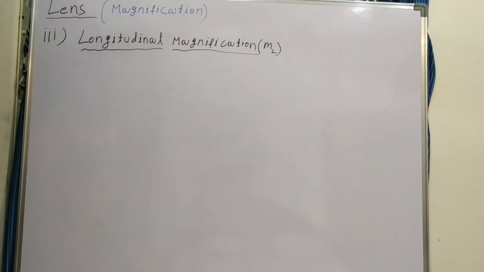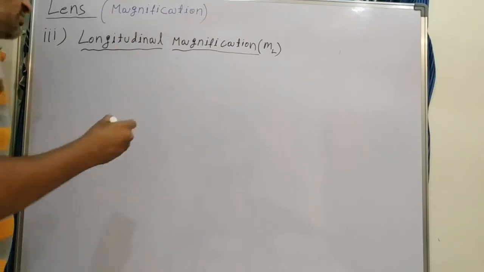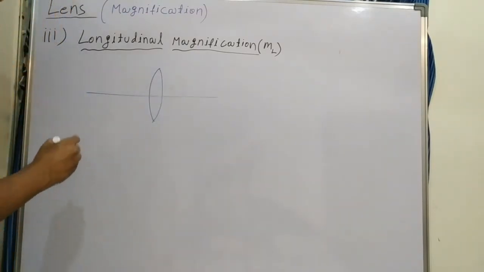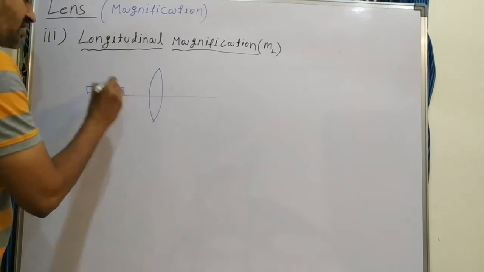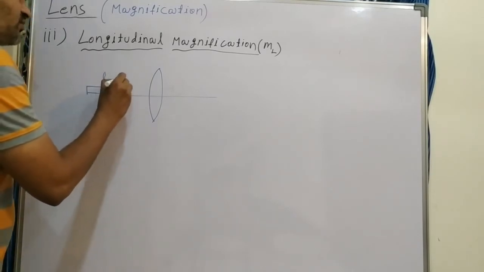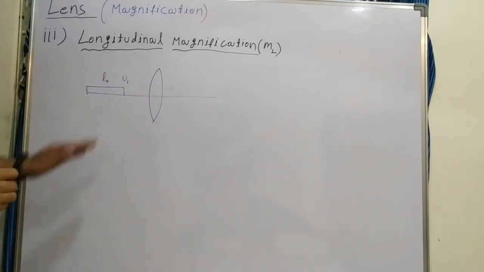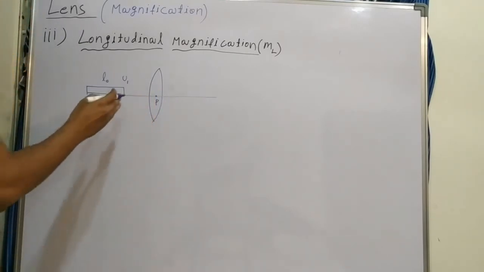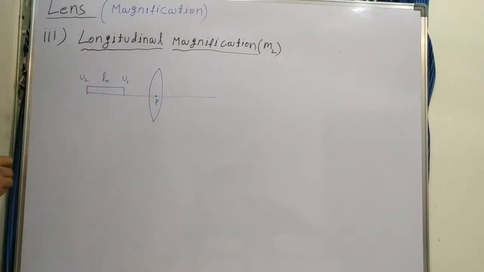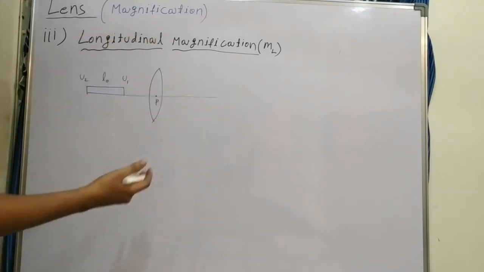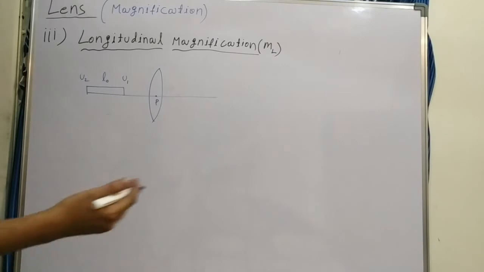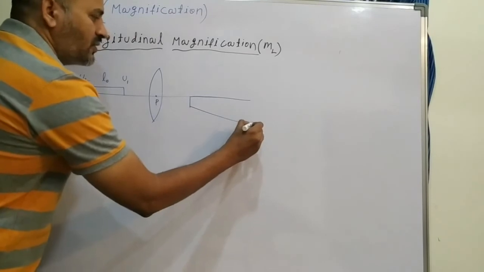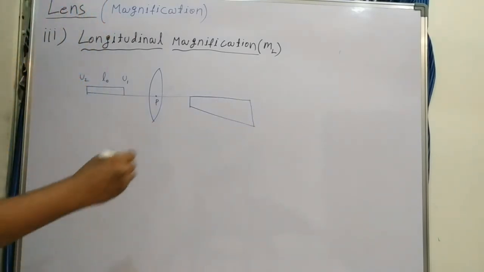Now let's talk about longitudinal magnification. Suppose you take a lens and this is the principal axis. If the object is placed along the principal axis, the length of the object is L O, and the distance of the first end from the center of the lens, that is P, is u1. The second end is at distance u2. For a convex lens, it generally forms a real, inverted image like this. Different positions have different magnifications. This is the length of the image.